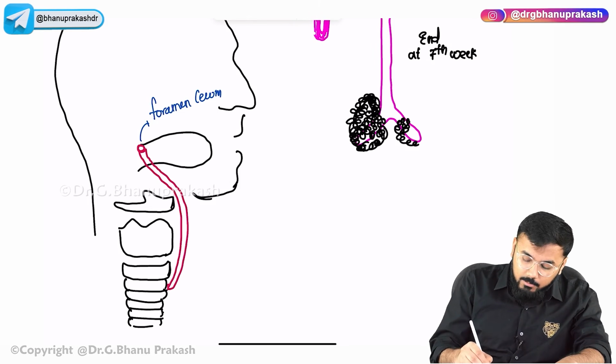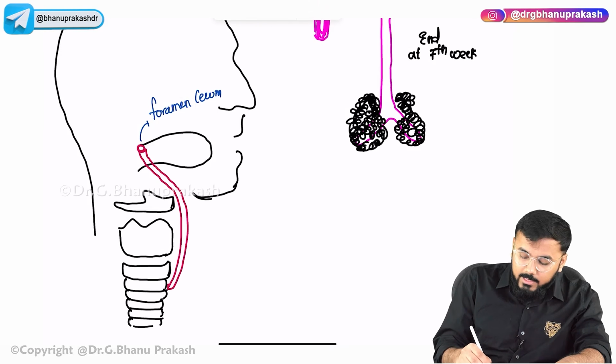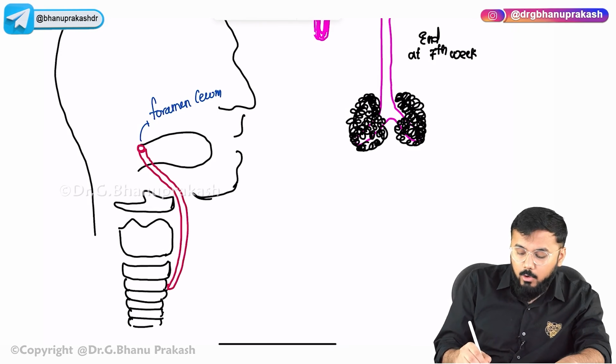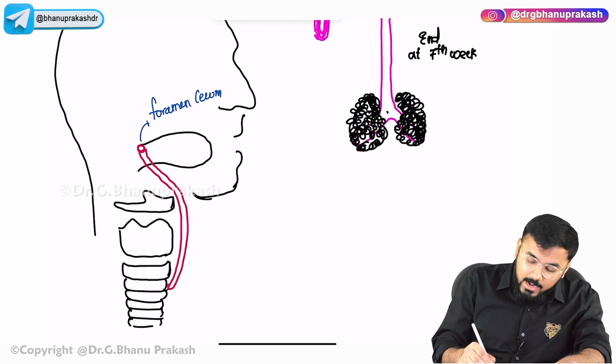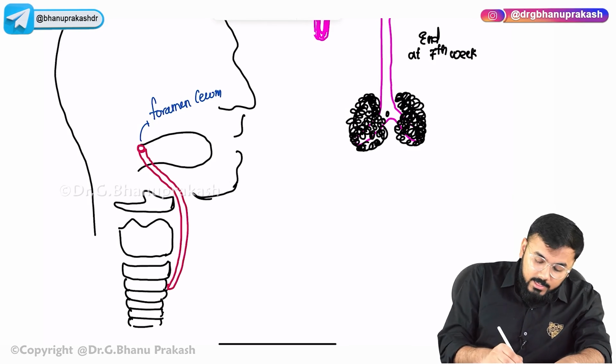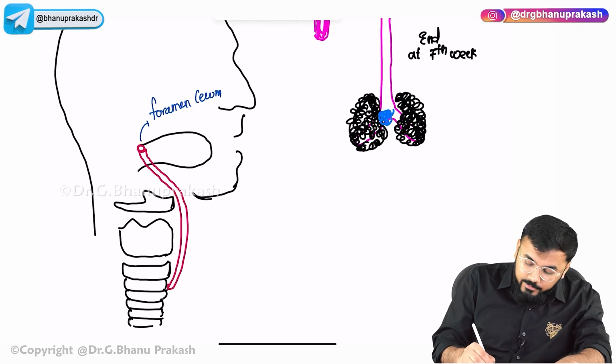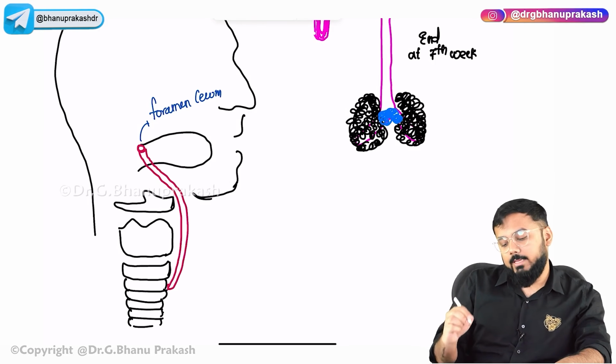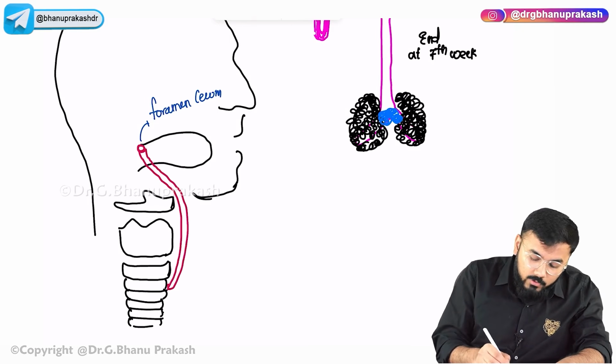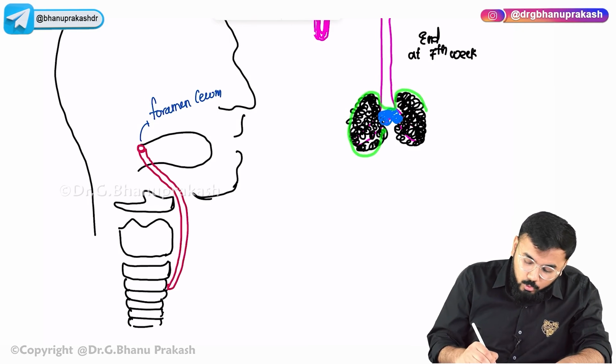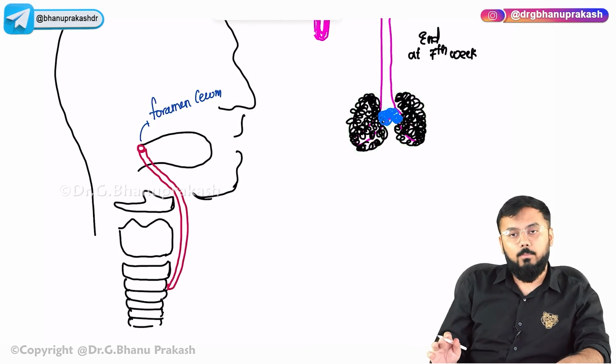The cells here multiply and form the left lobe of your thyroid, and the cells here also multiply and form the isthmus of the thyroid gland. So overall your thyroid gland with two lobes and the isthmus is formed completely.